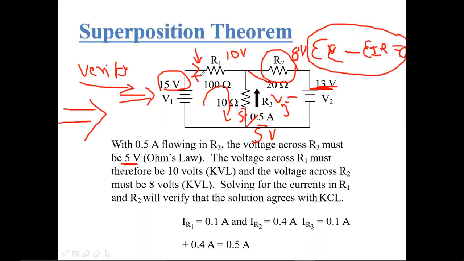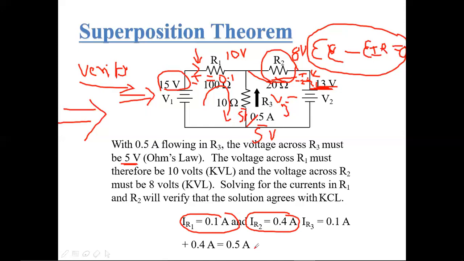I1 is equal to V1 by R1, which is 10 by 100, means 0.1. What about I2 through R2? I2 is equal to V2 by R2, which is 8 by 20. You will get 0.4. So IR1 is equal to 0.1, IR2 is equal to 0.4.